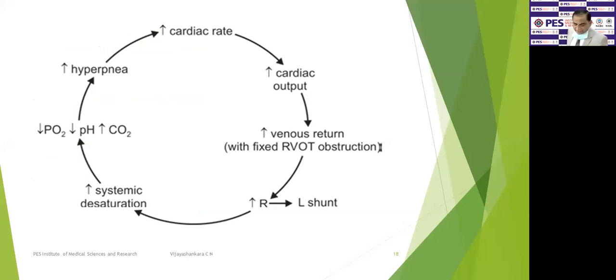When the child starts crying, there is a tachycardia, there is an increased cardiac output, then there is an increased venous return, and then there is increased right to left shunt, increased systemic desaturation, PO2 and pH are decreased, and then there is increased carbon dioxide, and hyperpnea occurs because of this. Then the cycle continues, a vicious cycle. So the child becomes more cyanosed, more desaturated, unless it is interrupted early.